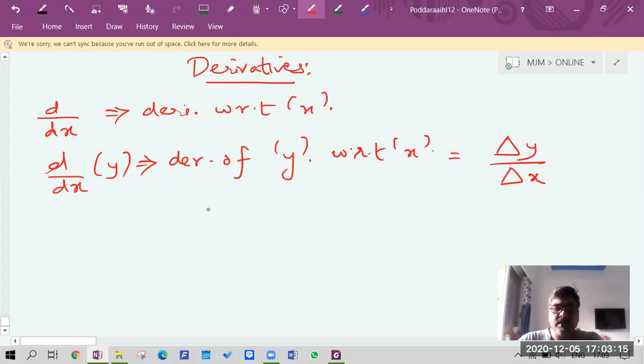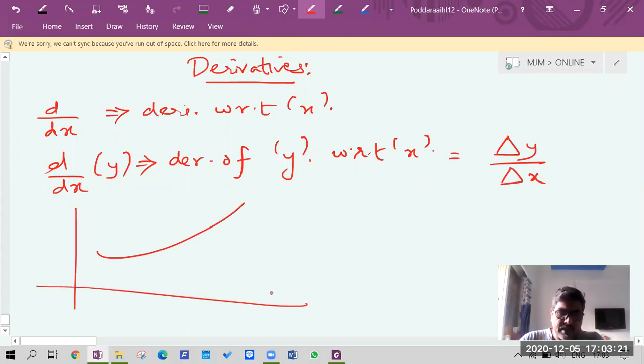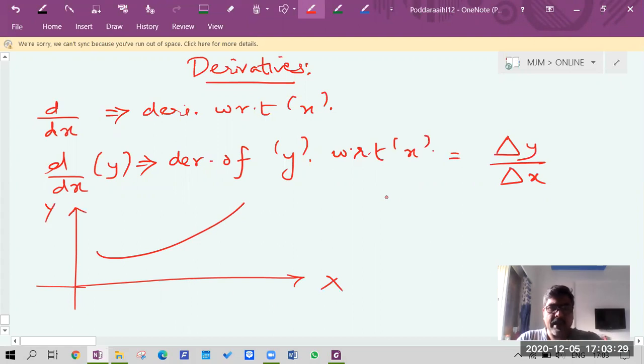of x. So this can be very clearly understood with the help of a curve where along x and y axis, if we have this curve, this is x axis, this is y axis, if you see what is the change along y axis when there is a change along x axis.